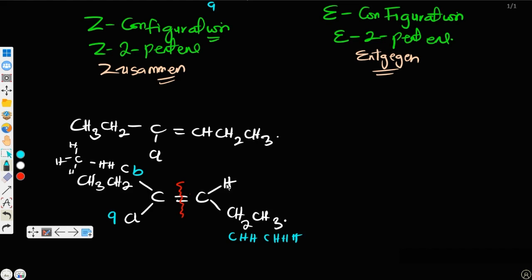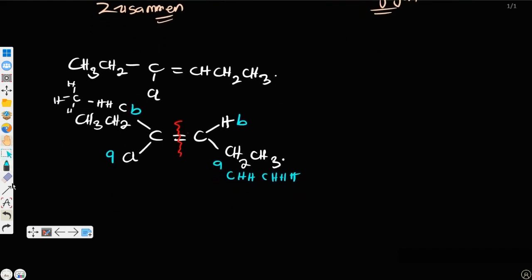Now, between this hydrogen and this carbon, which will have the highest priority? Carbon. So here will be A, while here will be B. So what isomer is this one? Cis or trans? This will be E or Z. Because the two highest priority groups are on the same side, this will be the Z isomer. So we say this is Z.